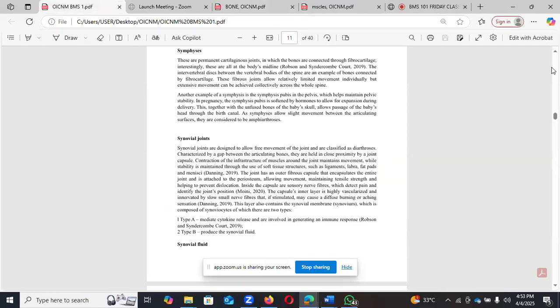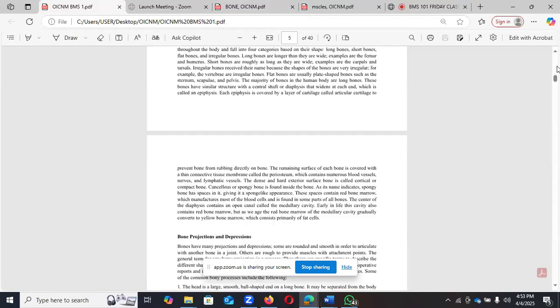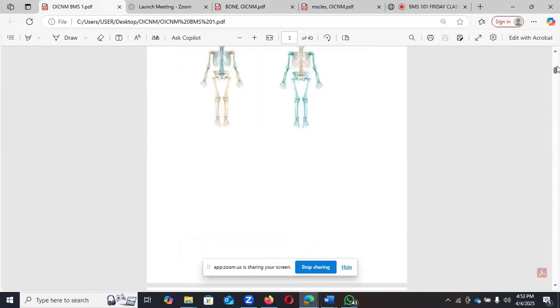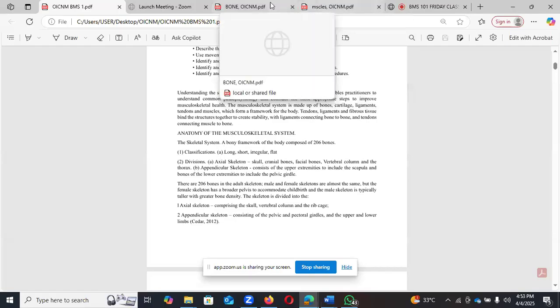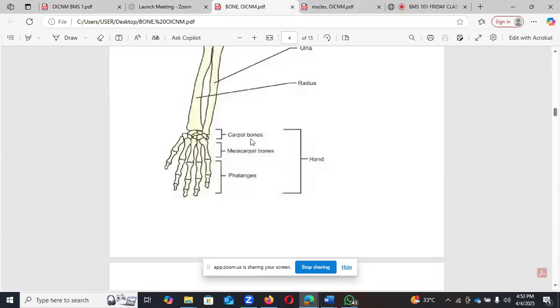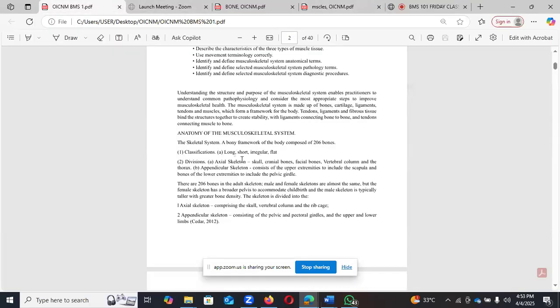During our classification here, the ulnar and the radius are part of the long bones, and the carpals, metacarpals, and phalanges are part of the short or small bones of the hand.